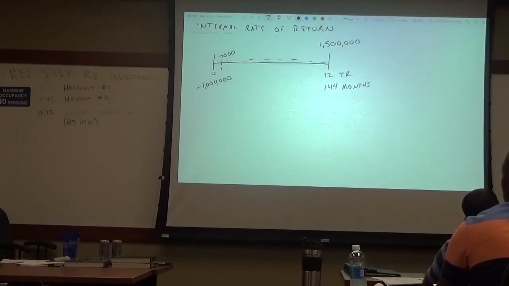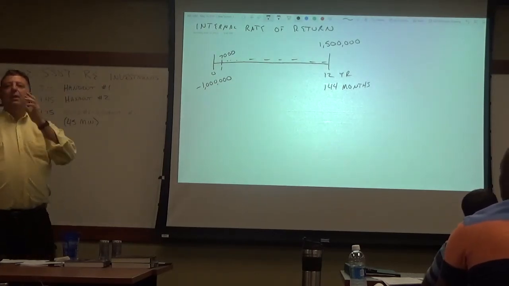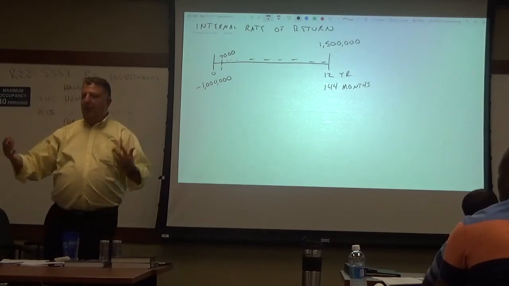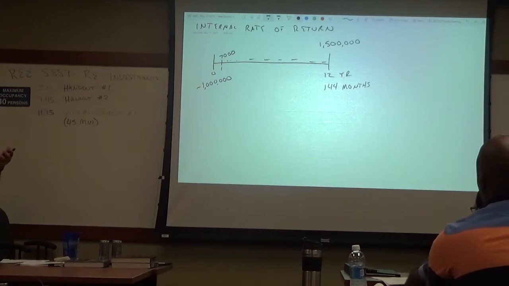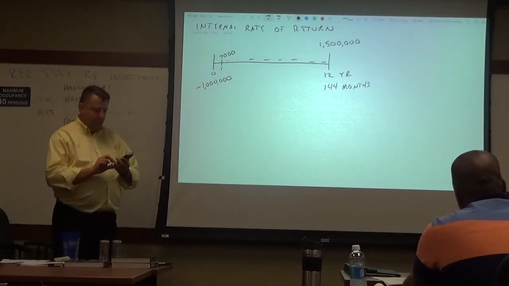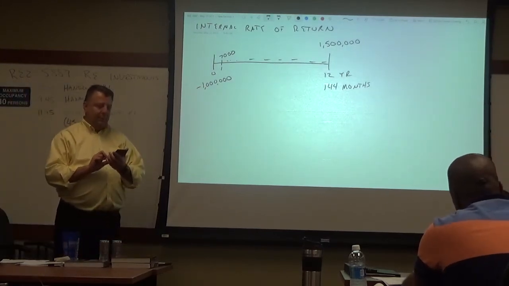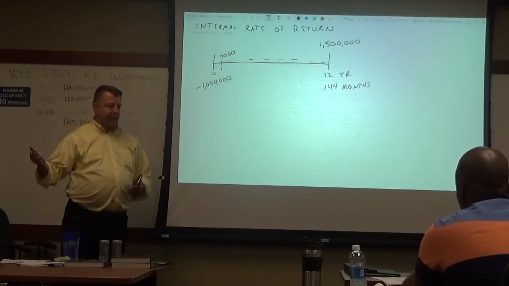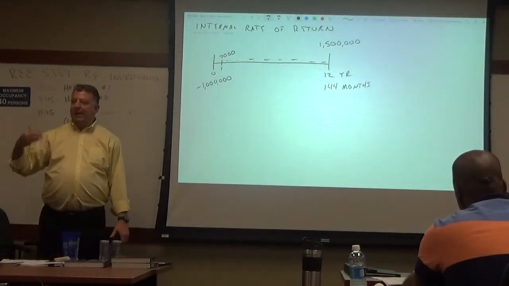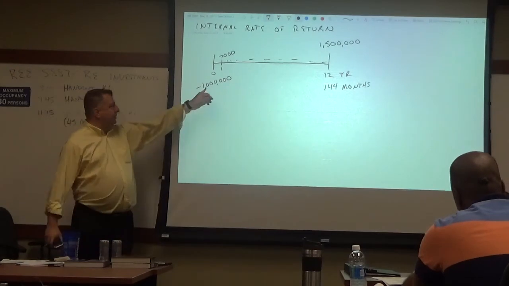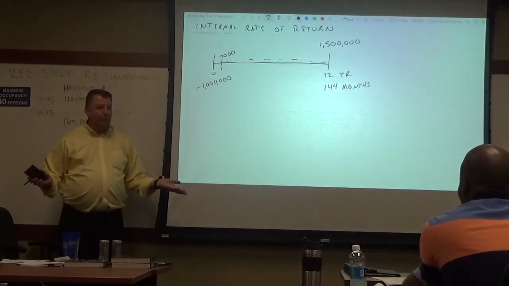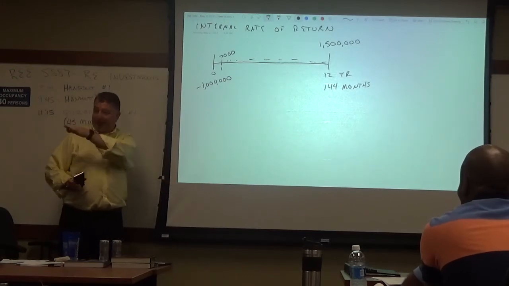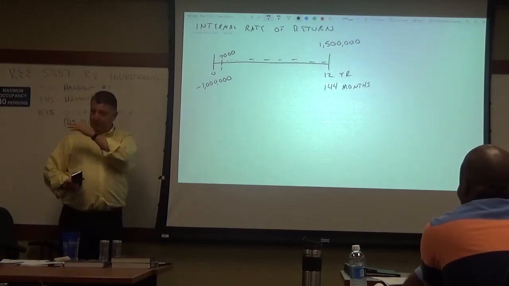Now, just listen, once again, I always like to do some simple math to make sure that we are clear with what we're actually doing. So, $7,000 a month translates into 7 times 12, $84,000 a year. Okay? $84,000 a year based on $1 million would be 8.4% would be your rate of return, just on that piece. Everybody follow me?